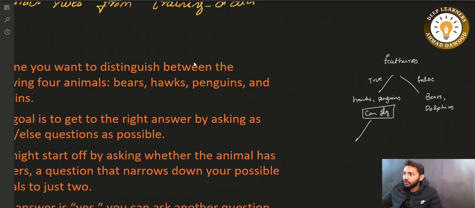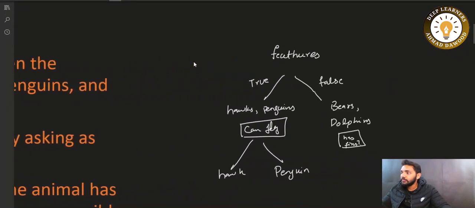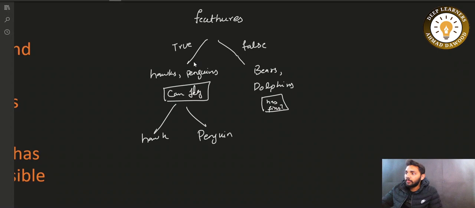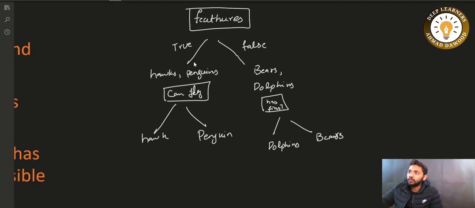Here you will say the hawk can fly, but the penguin cannot fly. Again you can ask a question: out of these, which animals have fins? You can say dolphins have fins while bears don't. In that way you have asked questions, or you can say you have drawn rules from your training data, and you build a decision tree.